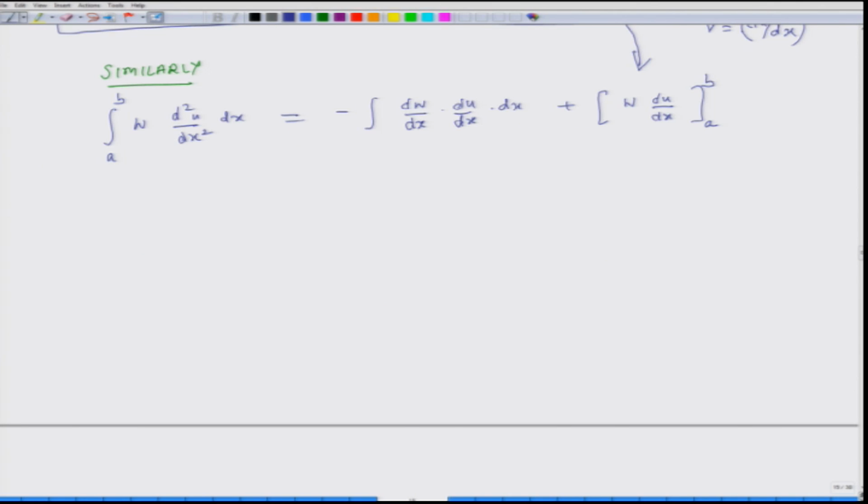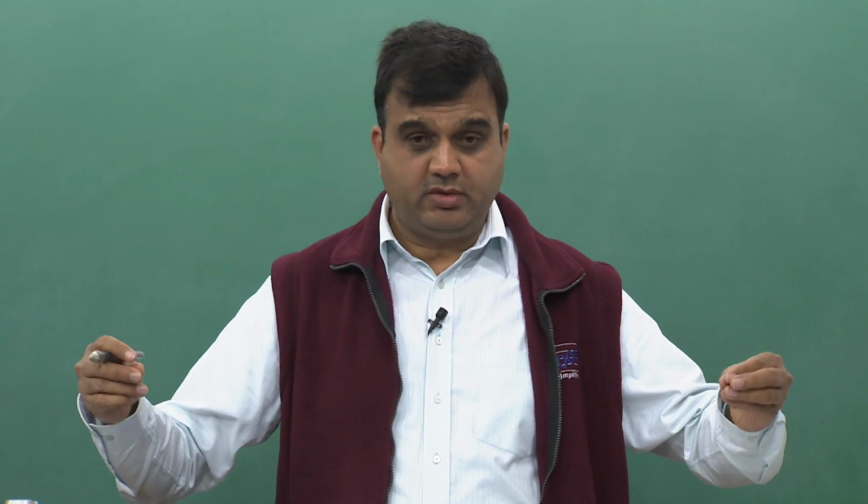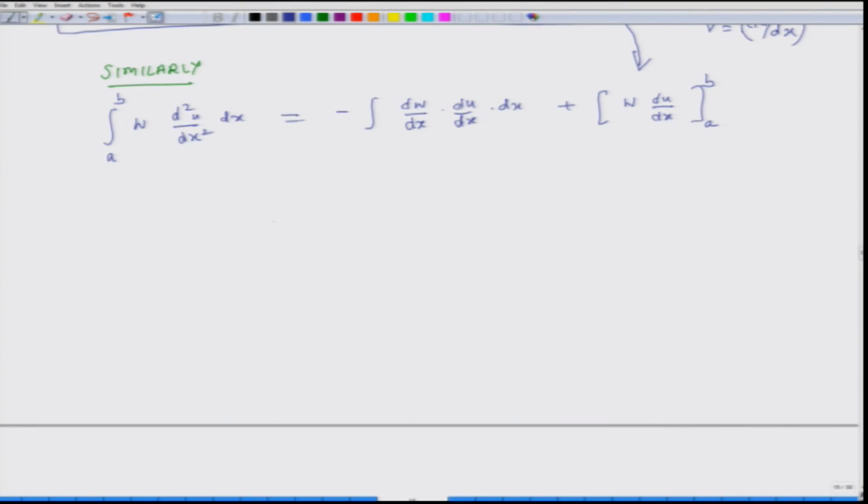Now, think about it. A lot of our equations in one dimension, for instance, if I am trying to pull a bar in tension, it is governed by a second order differential equation of this type, d by dx of a du over dx, plus u is equal to some function q, something like this.